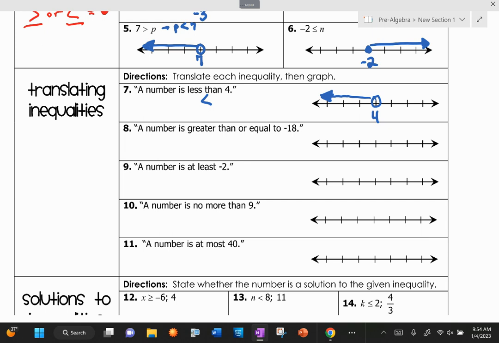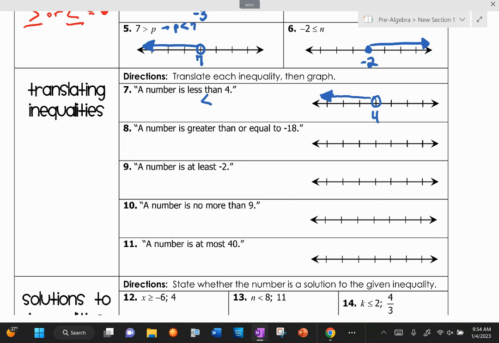I'm on the same page. Wait, I think it's less than or equal to. I don't know. Because it says at least, you know? Because it's greater, that's less. No. No, I don't think you put the end.